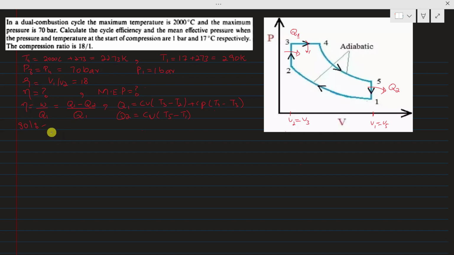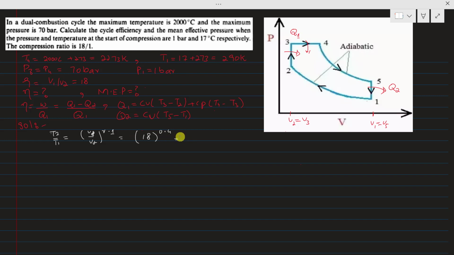From process 1 to 2, T2 divided by T1 is equal to V1 divided by V2, raised to gamma minus 1. What is V1 by V2? That is 18, raised to gamma minus 1, which is 0.4, since gamma is 1.4 and when you subtract 1 from it, it becomes 0.4.